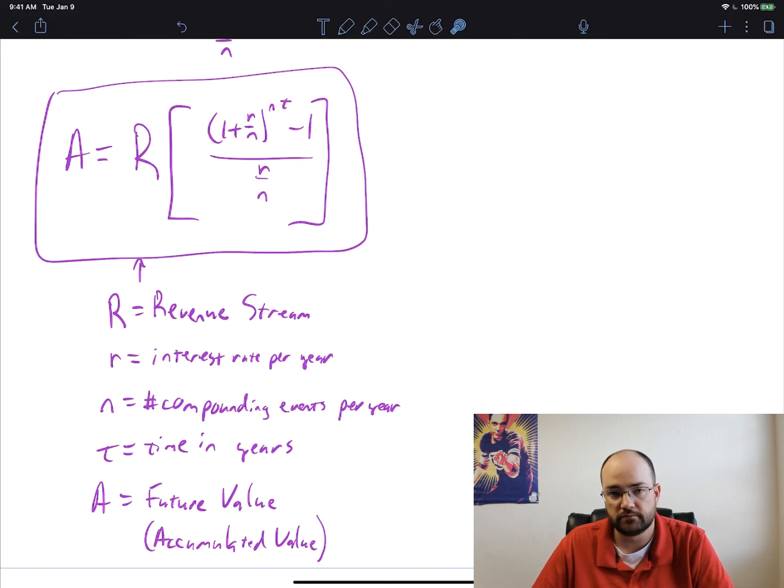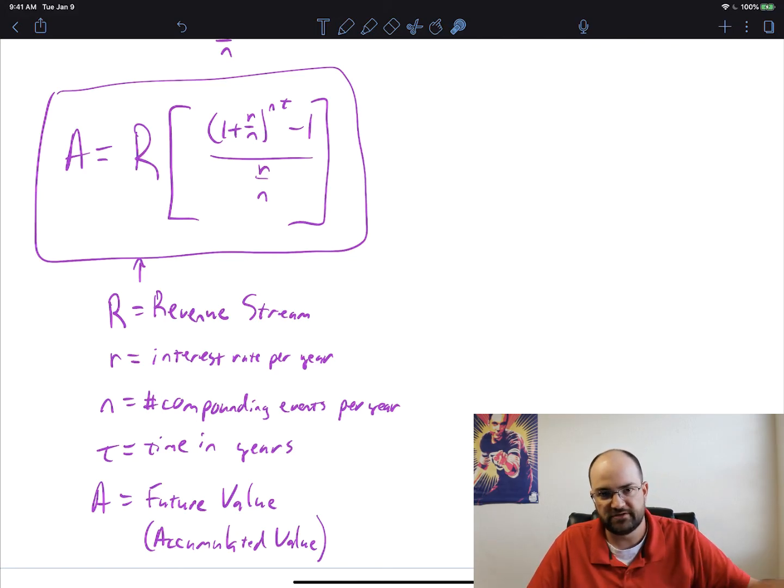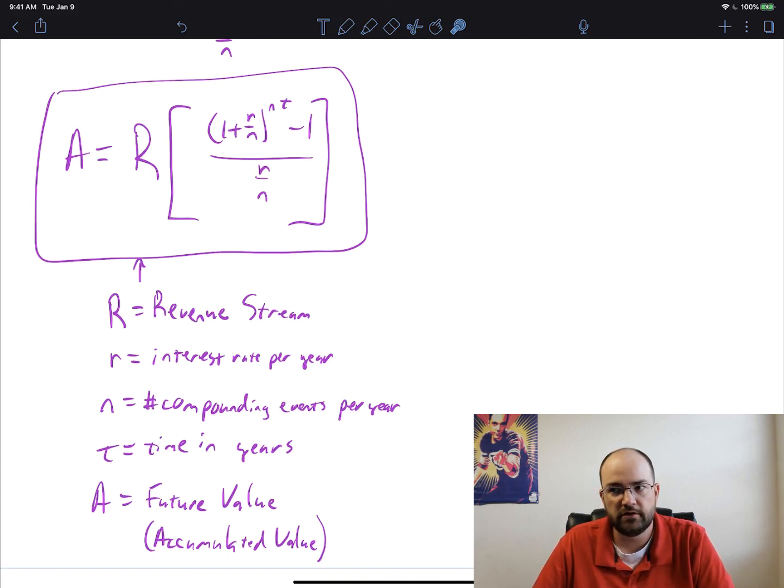And of course, the longer you leave it, the higher this is going to be. So there you go. In order to figure out the future value, you really just need to figure out this and then multiply by however much you pay per month. Now, this is assuming, of course, that these are what we call level payments. So this is just an ordinary annuity where it's a flat payment over time.